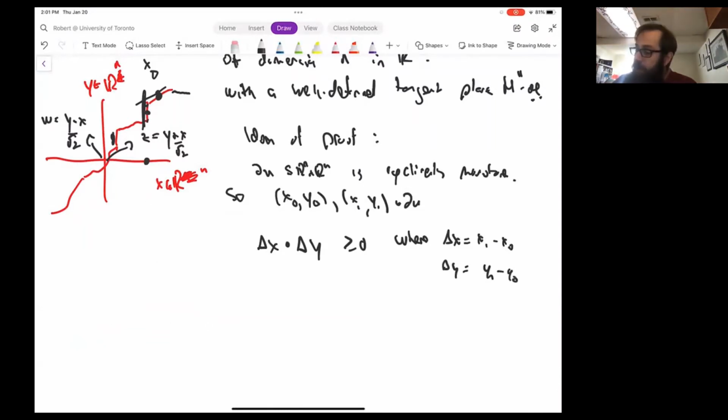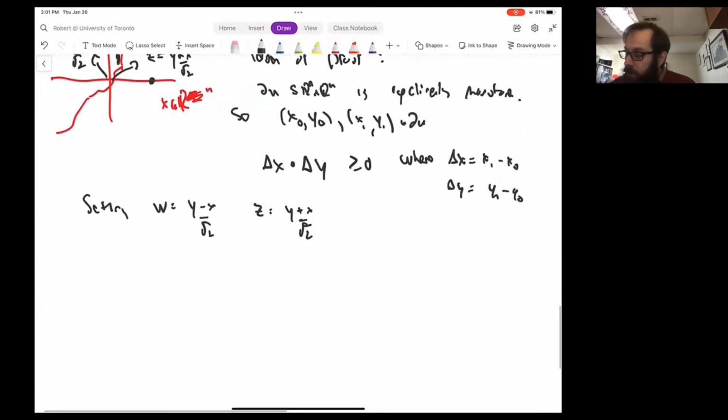So now let me make the change of variables to w and z. I'm going to define points zi, wi, and I'm going to define delta z and delta w analogously to the above. And I want to compute, let's say, delta w squared minus delta z squared.